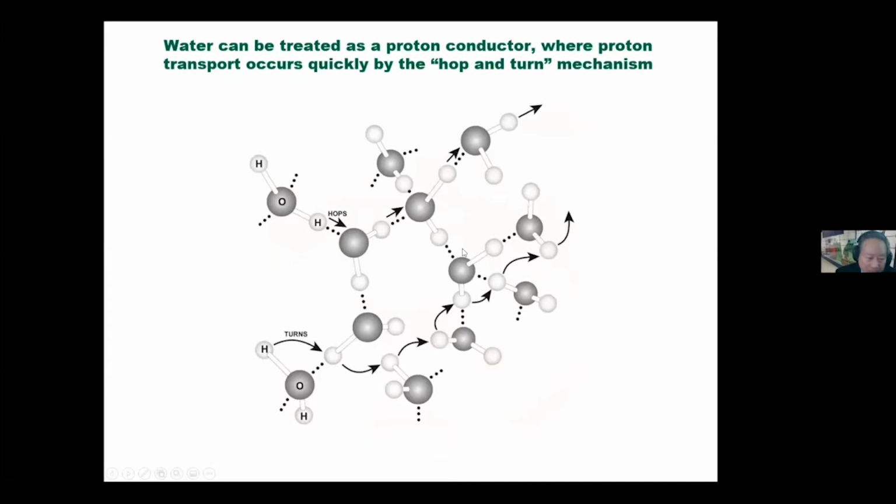So I'm coming in here. Water can be understood as a protonic conductor for two reasons. These are water molecules, so the proton can hop like this among water molecules. Another way water can act as a protonic conductor is that water molecules turn a little bit this way, that way.